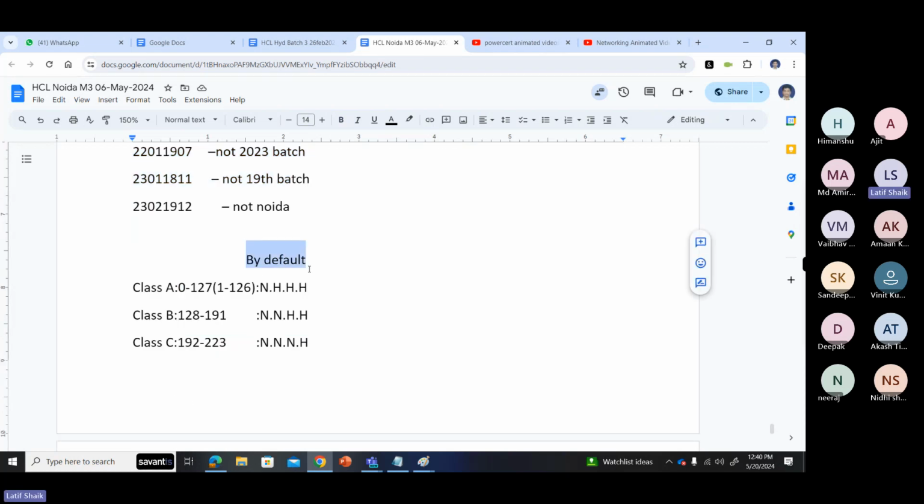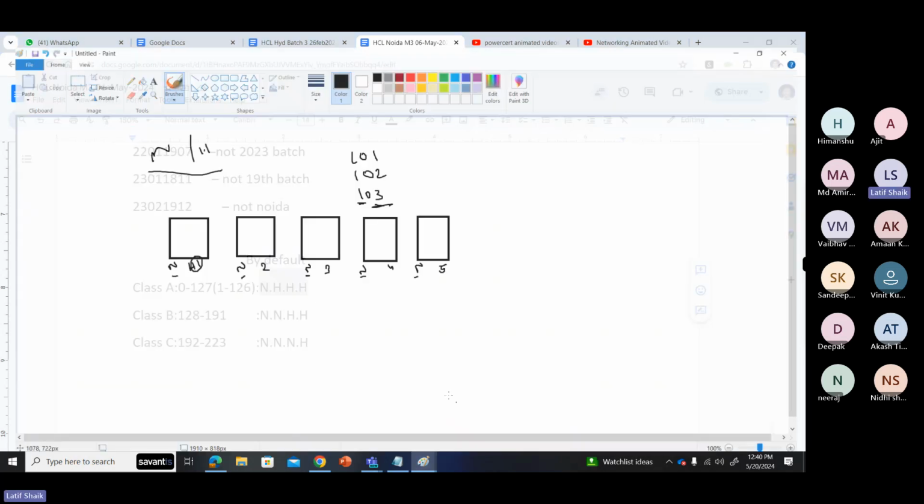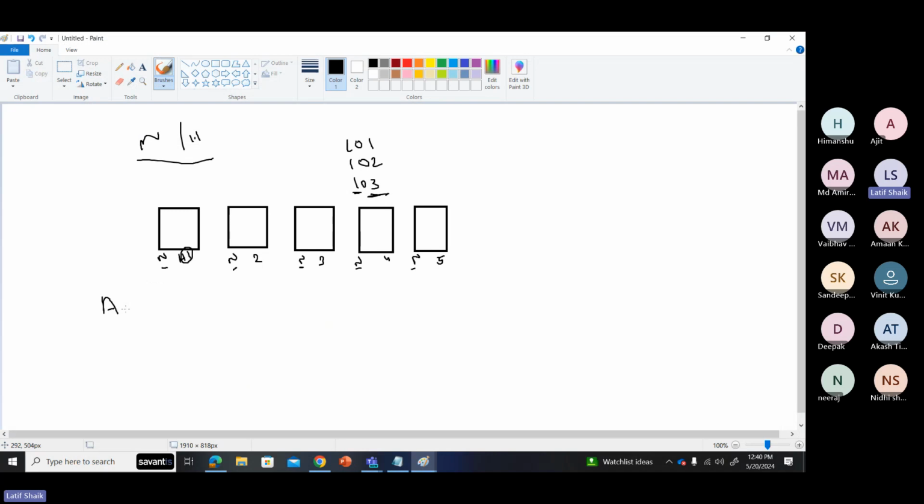By default, we divide the IP addresses based on the class into a network portion and host portion. If you take a Class A IP address, the first portion is the network portion, and the remaining are host portions only. For example, 10 is the network portion and the remaining are host portion. For the first system, I put 10.0.0.1.